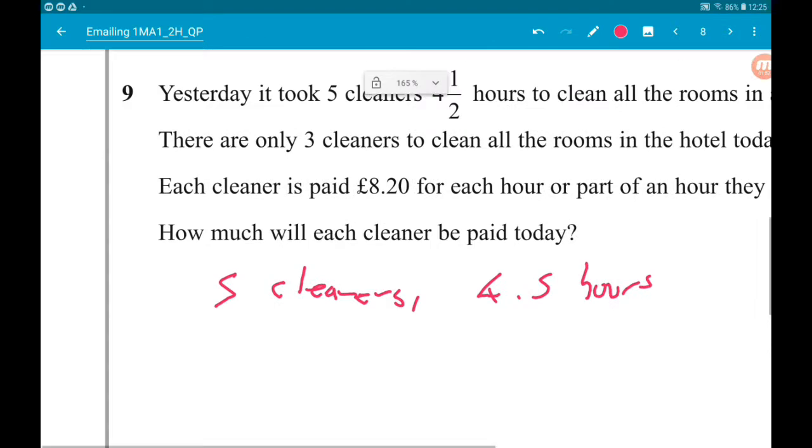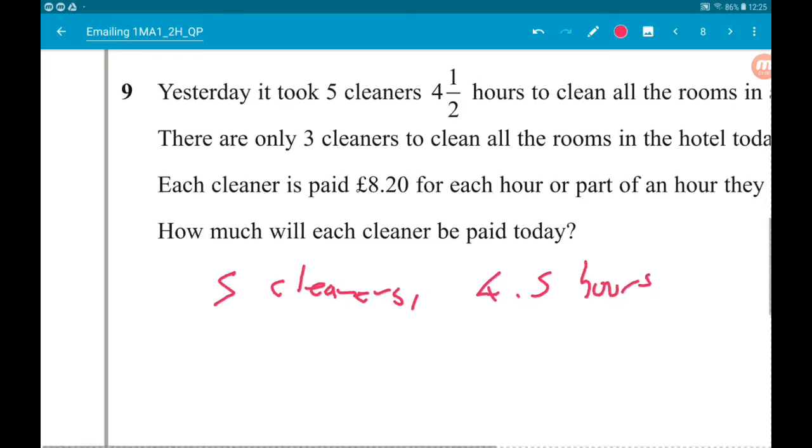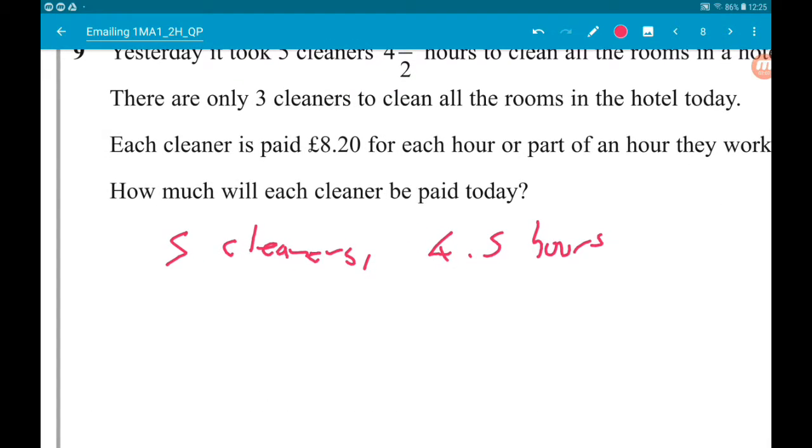So if we're dividing the number of cleaners by 5, it's going to take them 5 times longer. So one cleaner would take 5 times 4.5 hours. Now that's 22.5.